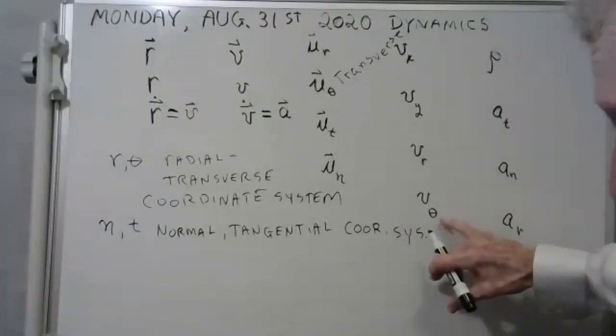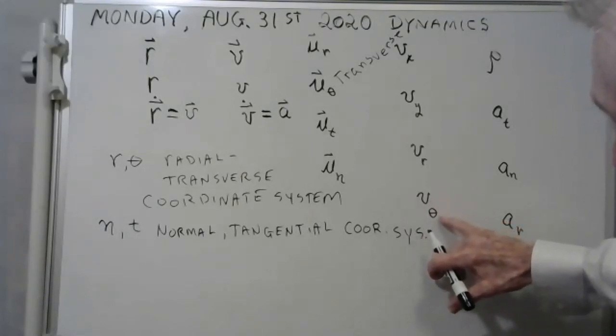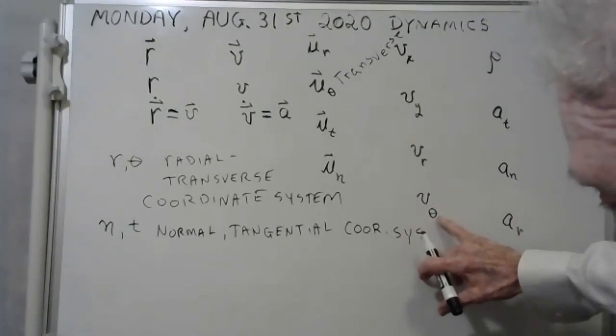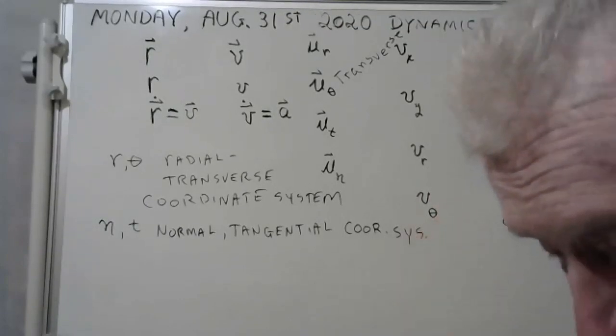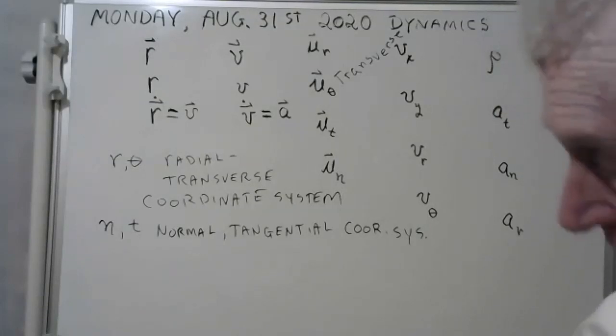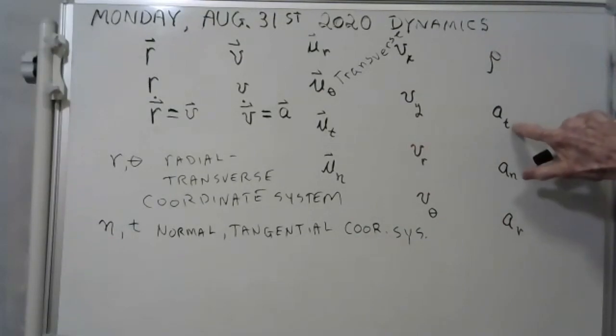V with this little theta underneath it. Ryan, what's the name of that? The transverse component. Exactly. Good going. When you see these little letters here, see that little T? That's the tangential component.